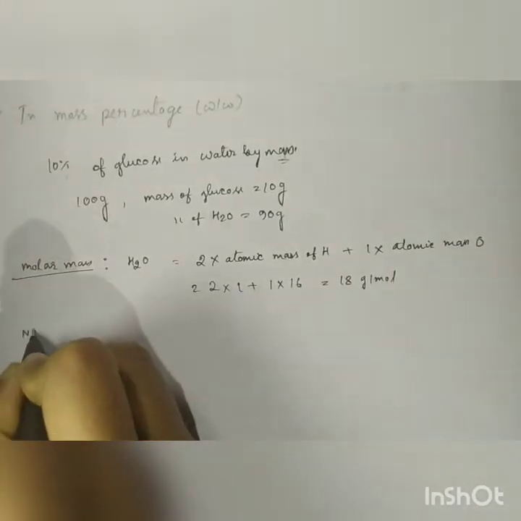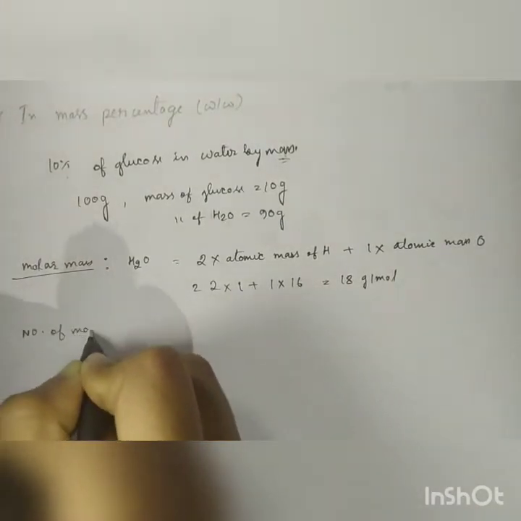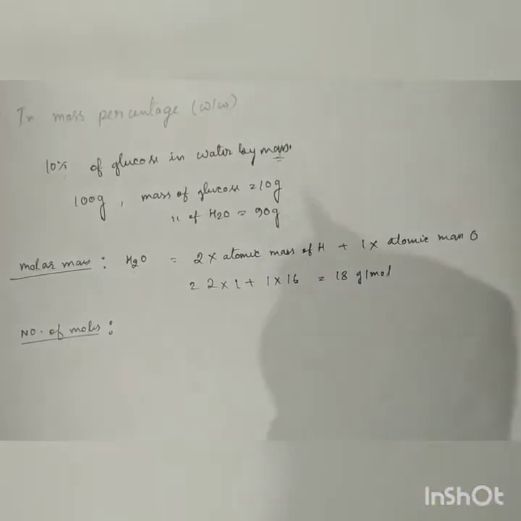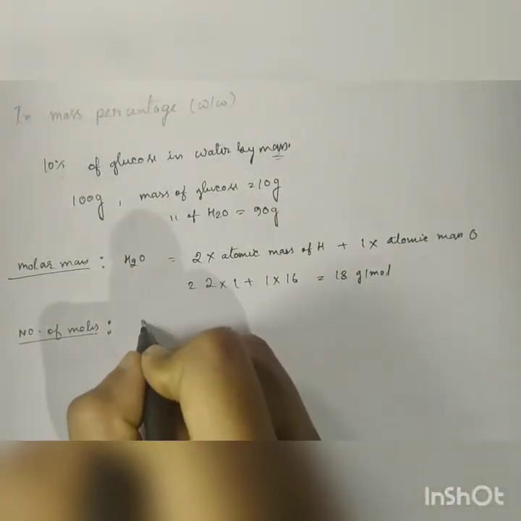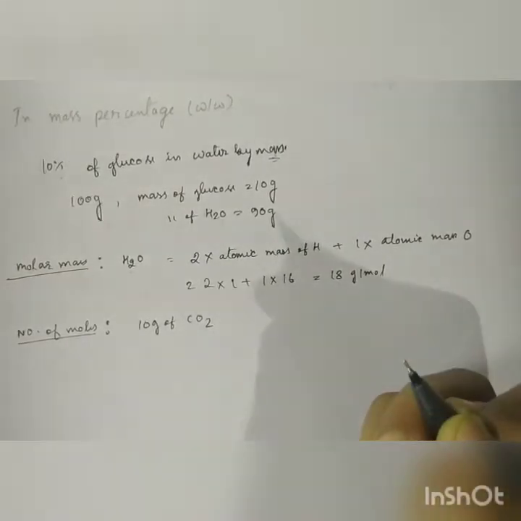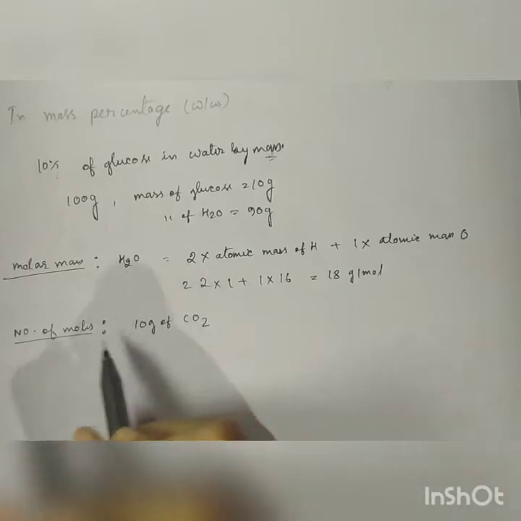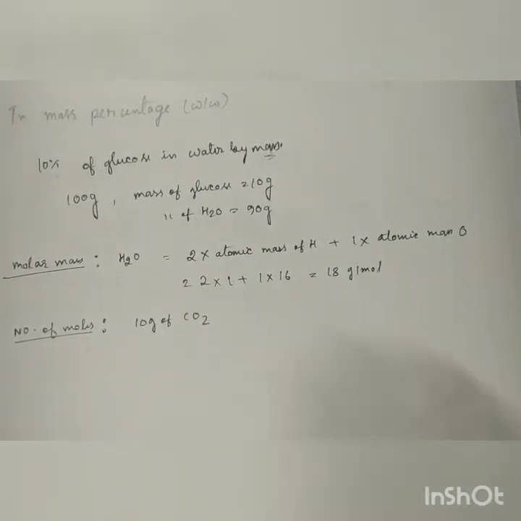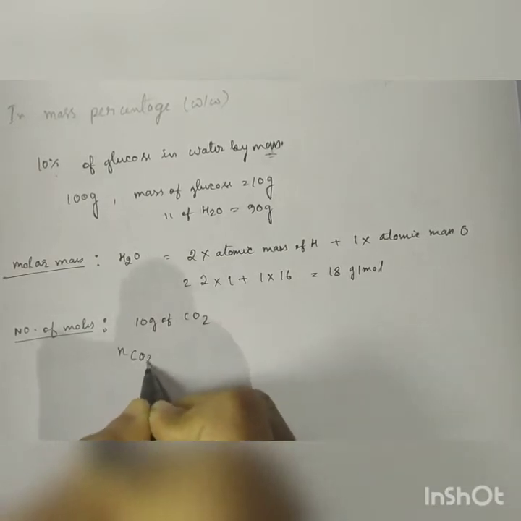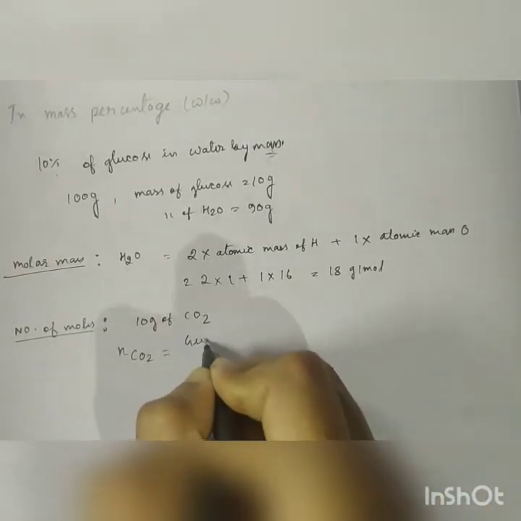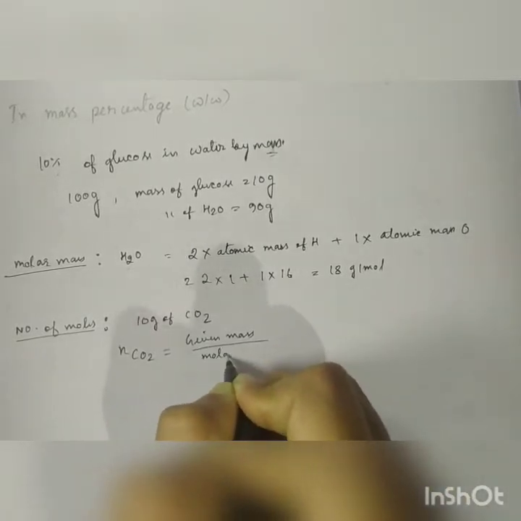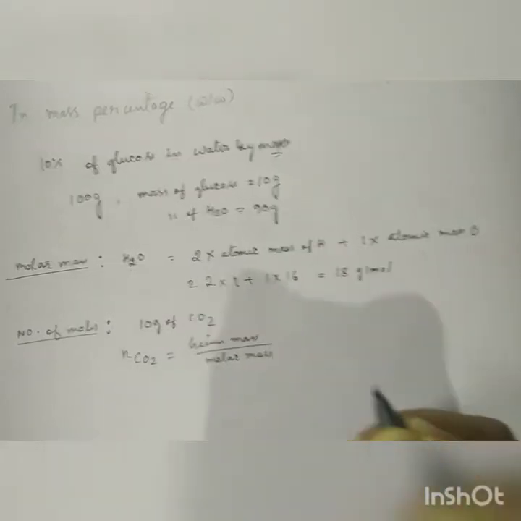And then the next one is number of moles. The number of moles of any compound or any molecule. Suppose you are given 10 gram of carbon dioxide, and you have to calculate the number of moles for carbon dioxide. So the number of moles is denoted as n of CO2, and the formula is given mass by molar mass.